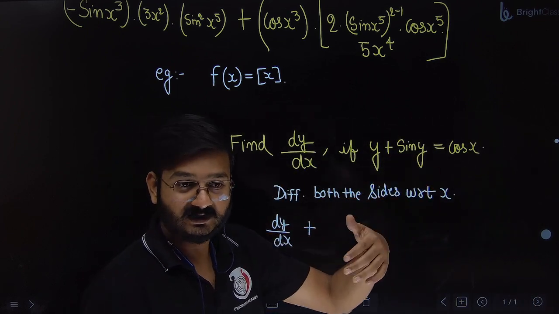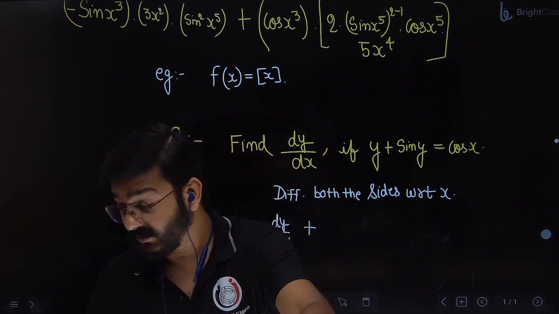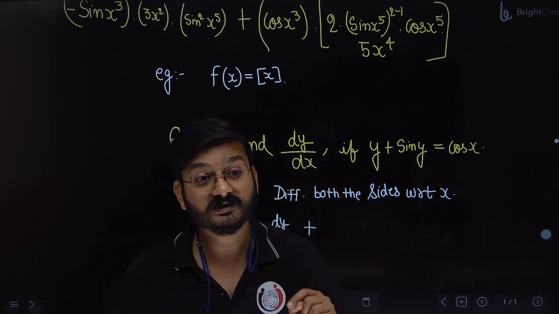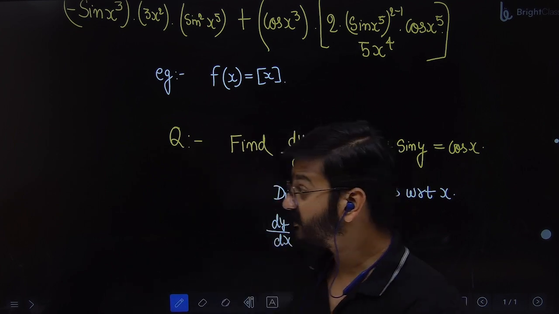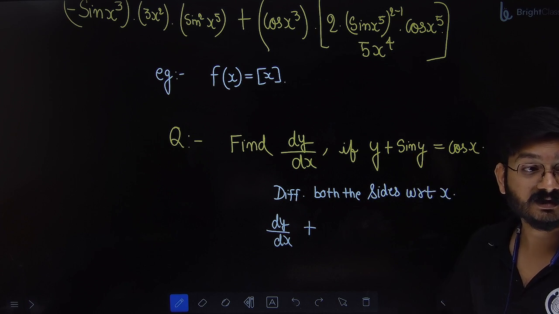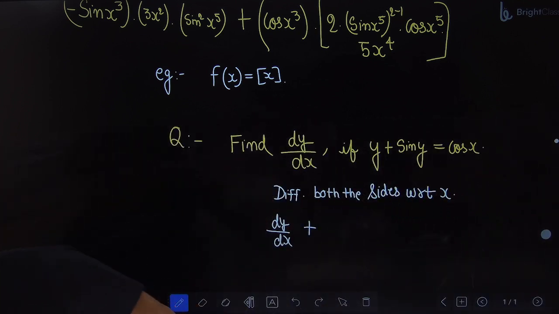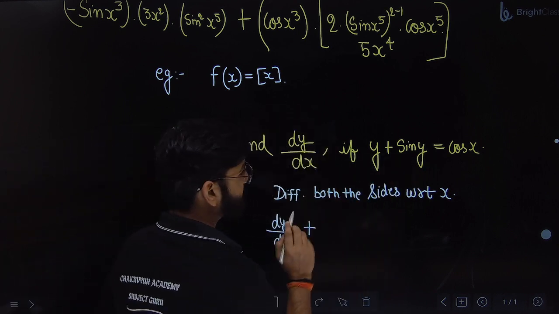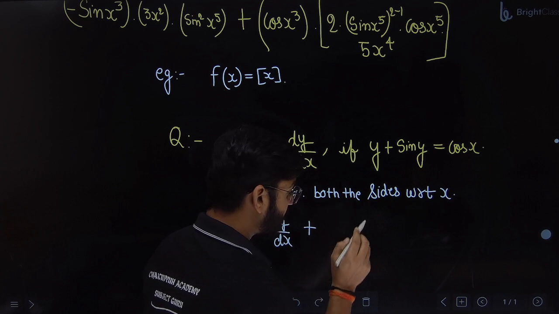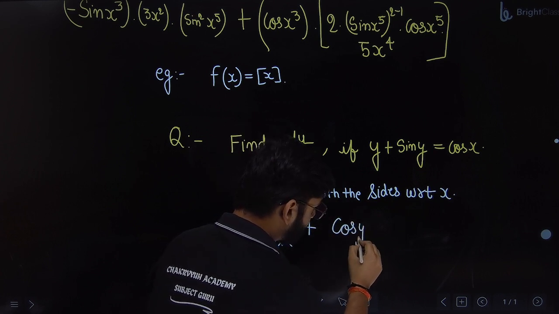Sin y. If I ask you to differentiate sin y with respect to y, what will be the differentiation? Cos y, with respect to y. But you are differentiating with respect to y or x? X. That is the catch here. So the differentiation of sin y with respect to y is cos y.